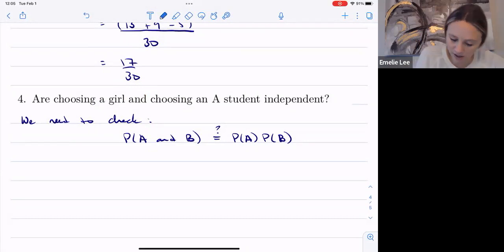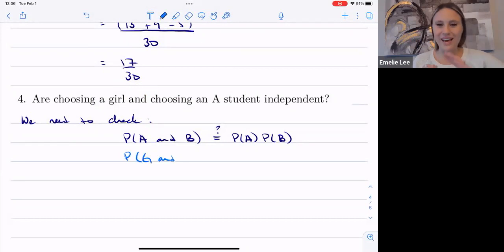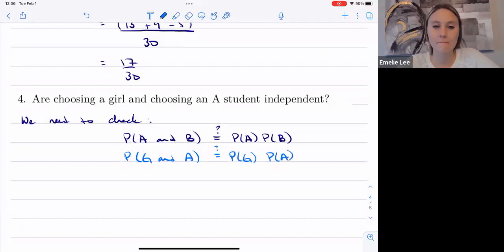And so here I'm going to rewrite this as the probability of G and an A student, is it equal to the probability of a G, so probability of a girl, times the probability of an A student? We have these values, and so we can plug them in and check to see if they're the same or not.